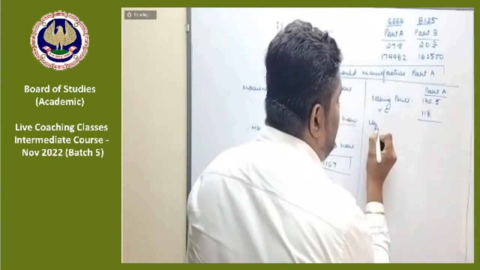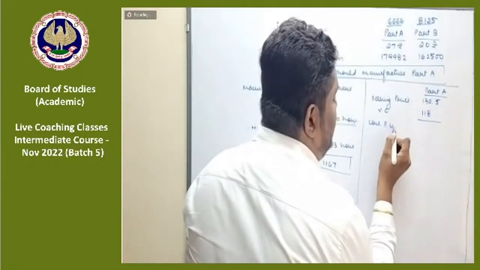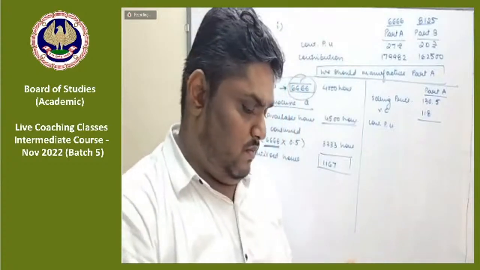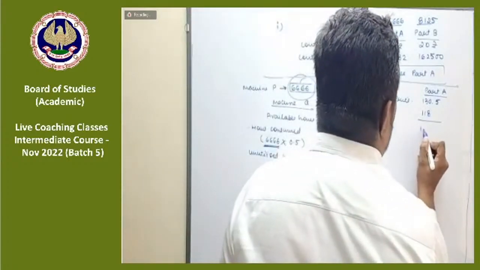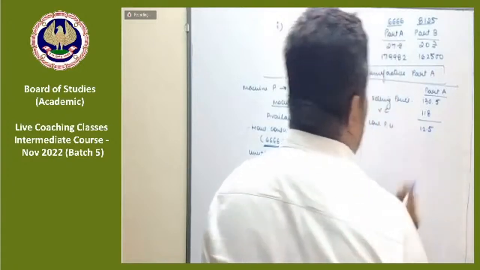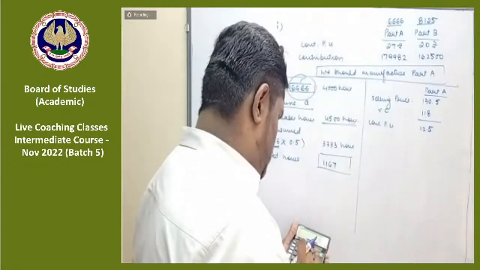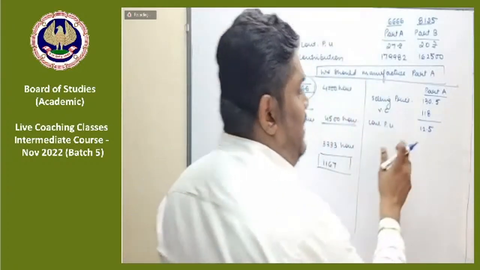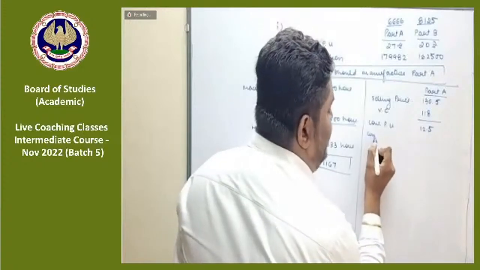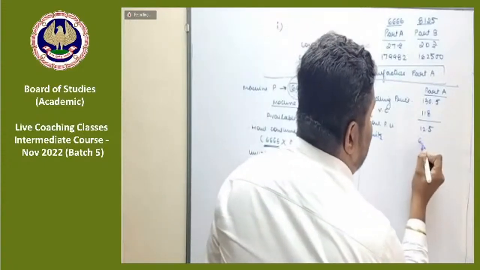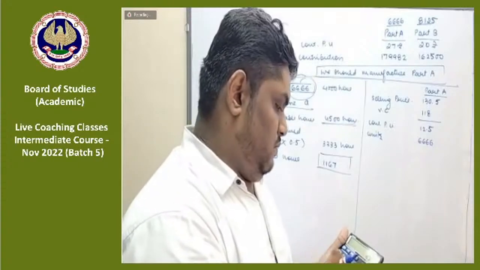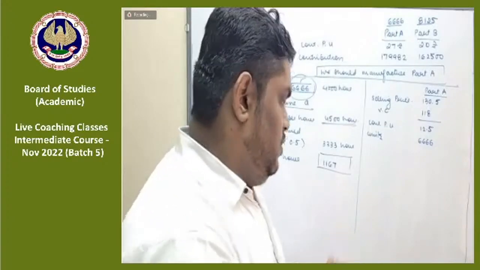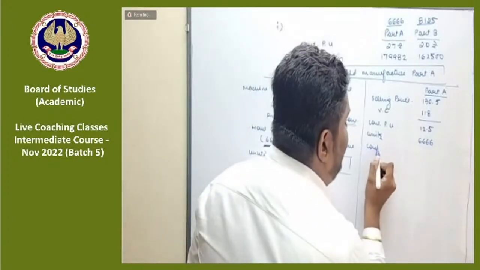So my contribution per unit now will be 12.5. Now, how many units am I manufacturing? 6,666. So how much contribution am I getting?